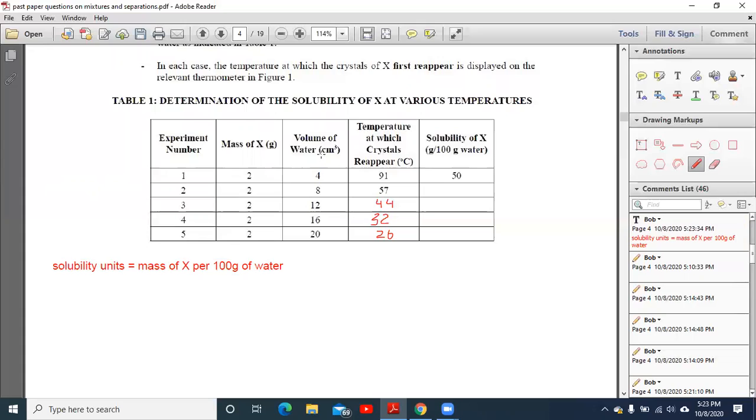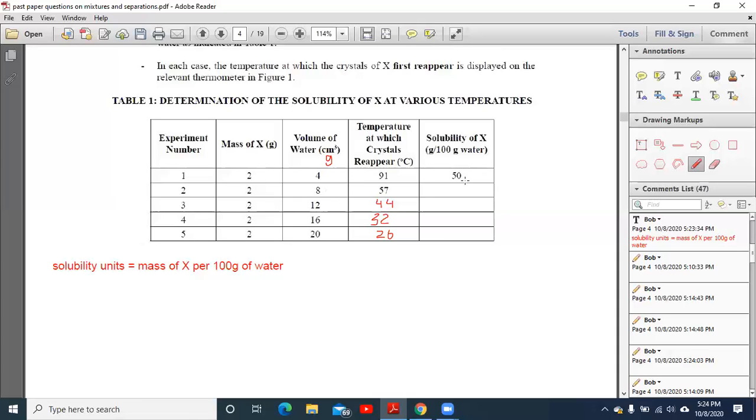And here because they're saying that 100 grams of water is equal to 100 cm cube of water, 1 cm cube is equal to 1 gram for water, we can kind of assume grams here. So it's per 4 grams in experiment 1, per 8 grams in experiment 2, and so forth. It's different grams, it's not 100, right?